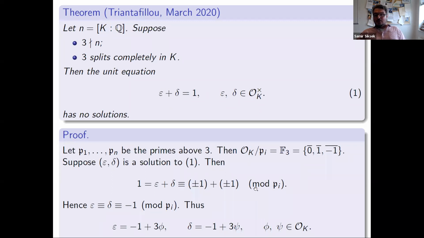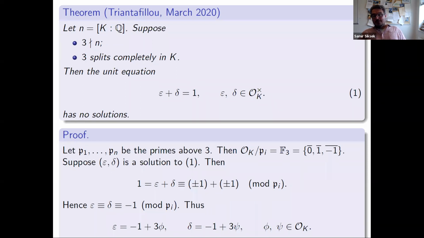So modulo any one of these primes, if I take this equation here and reduce it, I'm going to get 1 is congruent to ±1 mod P. And you see, if these signs are opposite signs, then I'm going to have 1 is congruent to 0, and that's impossible modulo any prime.